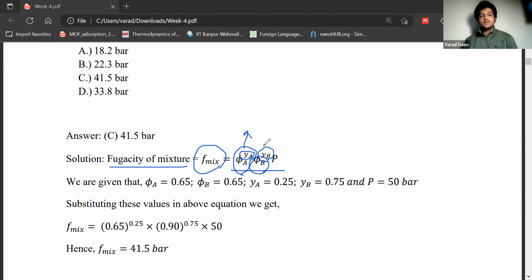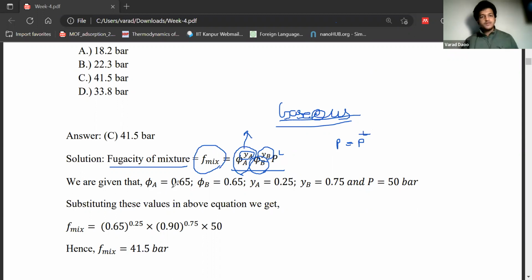We are talking about a gaseous mixture. This has been given to us in the question. And P represents the total pressure. So this is the expression to calculate it.